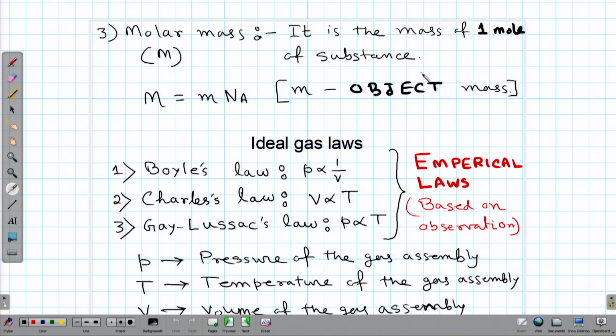Now, mass of 1 mole of substance means, for example, 1 mole of hydrogen is 1 gram of hydrogen, and 1 mole of carbon is 12 grams of carbon, because 12 grams makes 1 mole for carbon, right. Now, that is written as capital M, and if small m is the object mass, then capital M is equal to small m times Na, where Na is the Avogadro number.